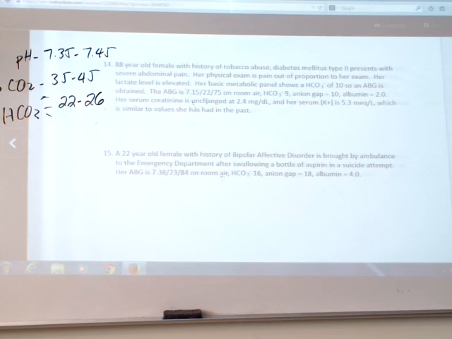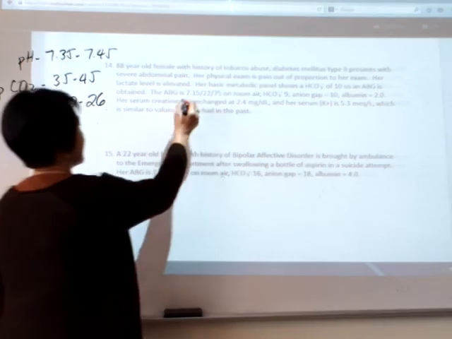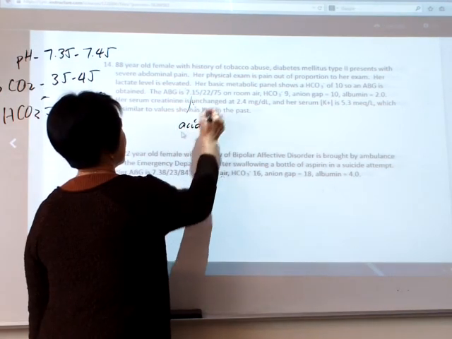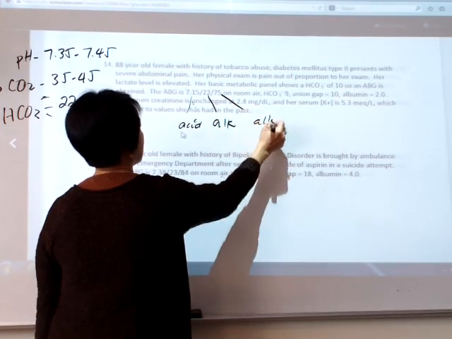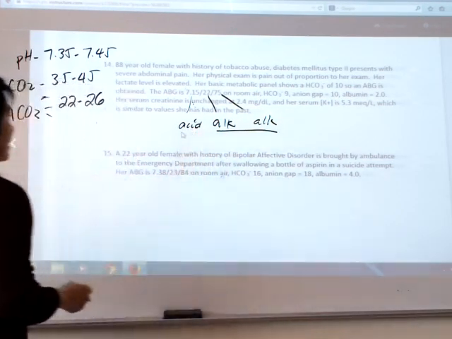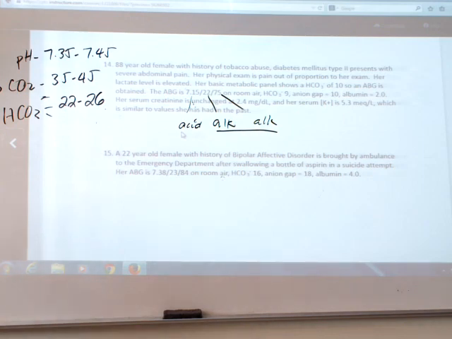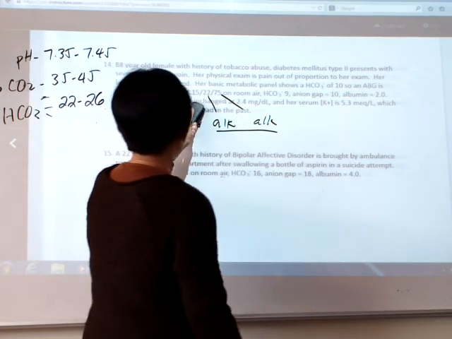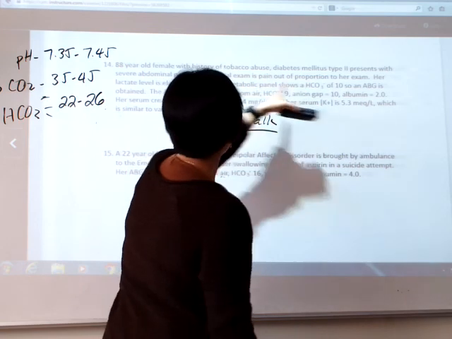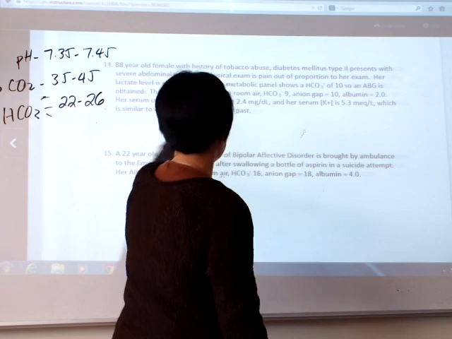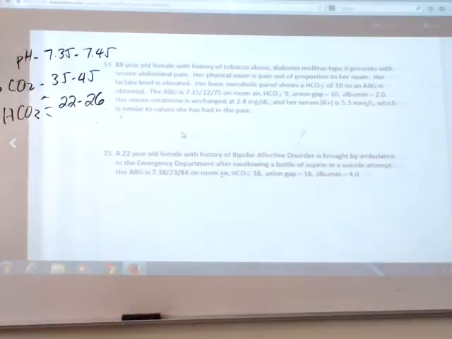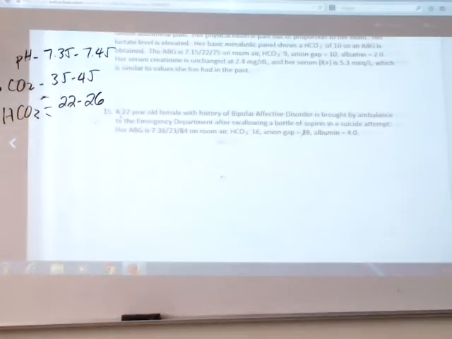No, technically, because this is respiratory acidosis, this is alkalosis, it's not compensating, it's uncompensated. So what are you going to write? Metabolic acidosis, uncompensated. Not compensated yet, right? Because they're both high.